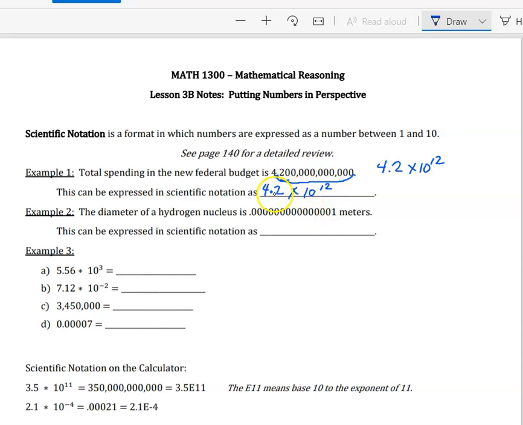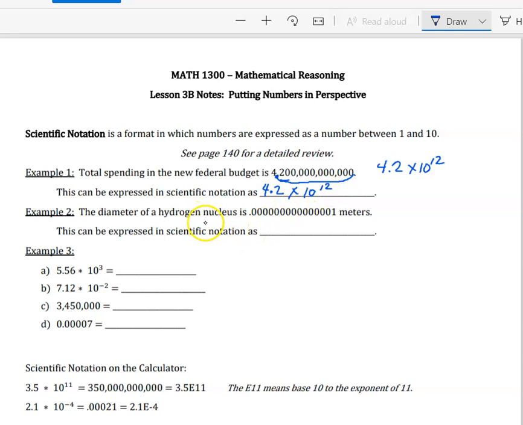If we're looking at the scientific notation, 4.2 is obviously a lot smaller than 4,200 billion, so we know that we have to use a positive exponent to move that number and make it bigger.